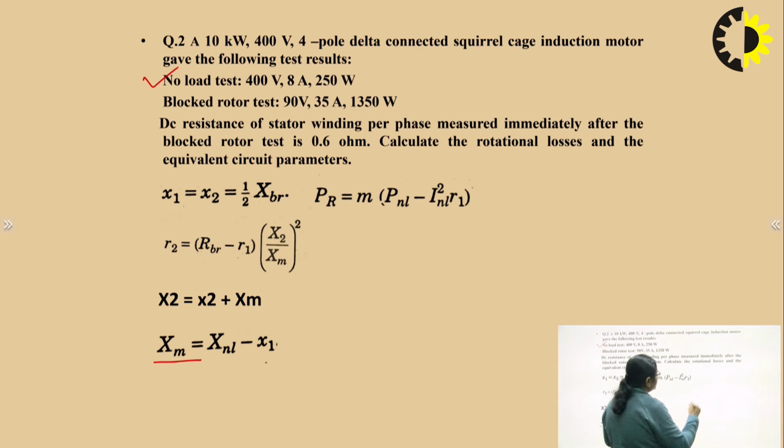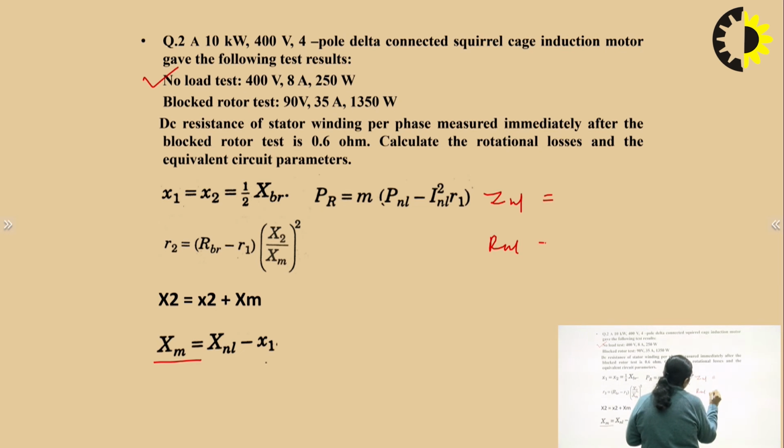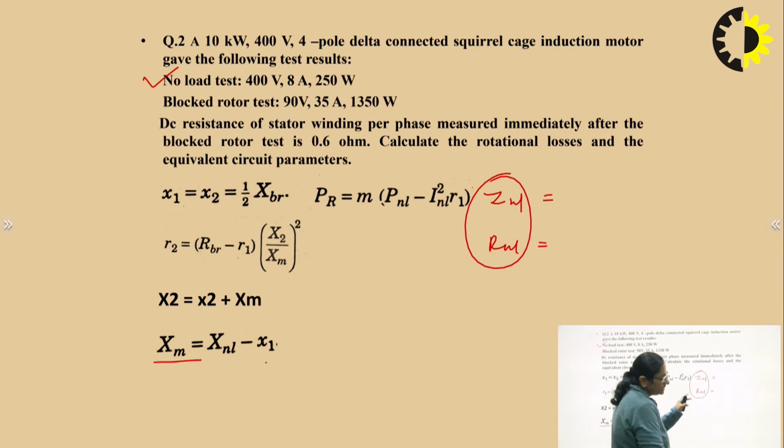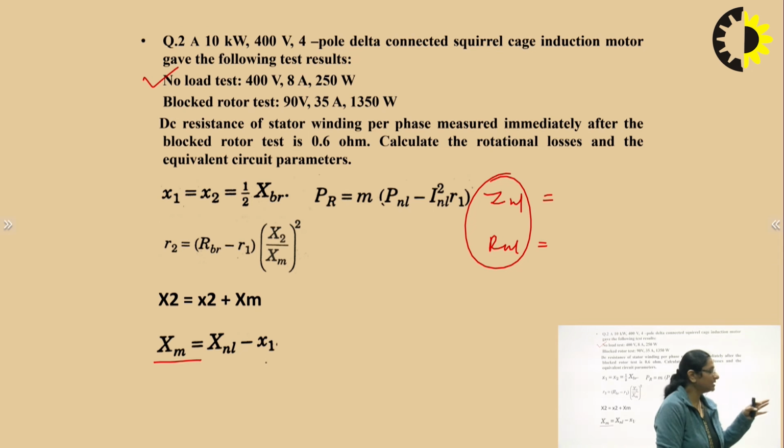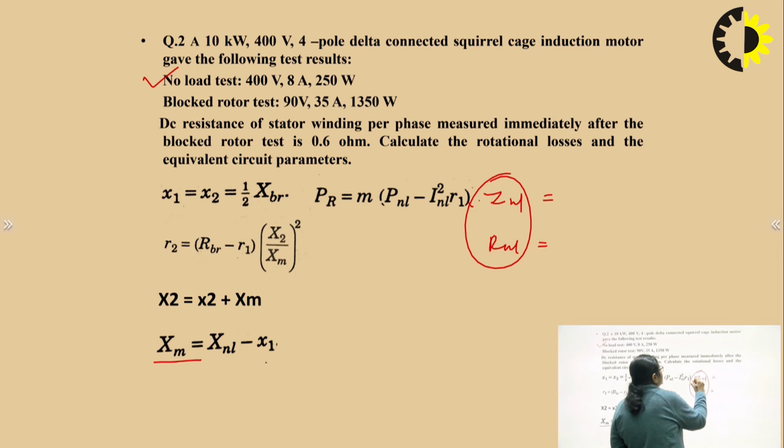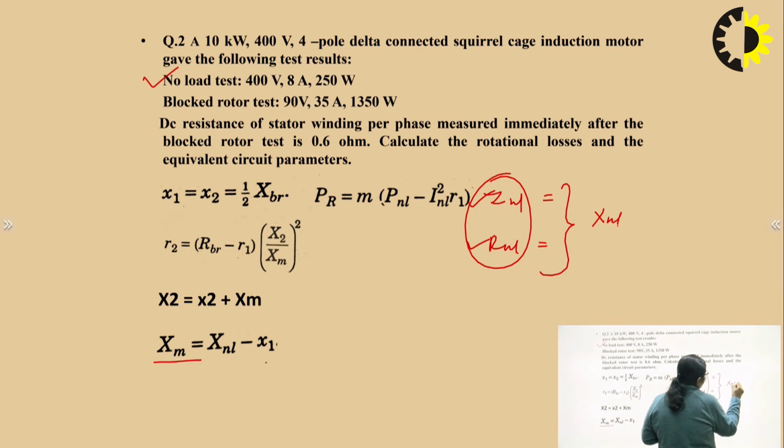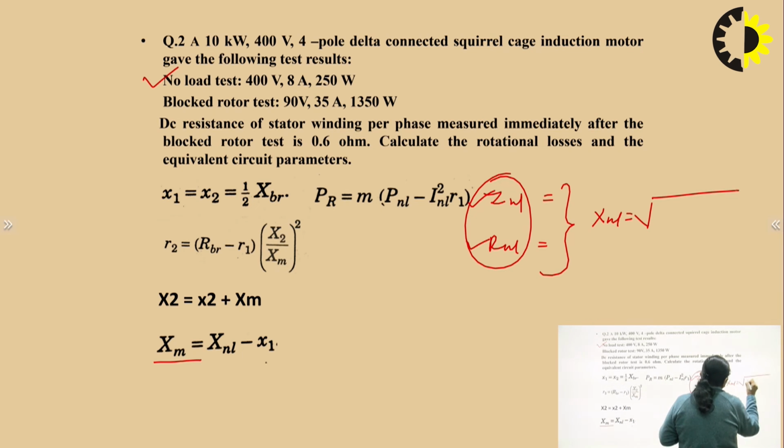Using the no load test data, I'll calculate ZNL, I'll calculate RNL, and knowing ZNL and RNL, likewise what we did for the blocked rotor, from the blocked rotor test data, we can calculate ZNL, we can calculate RNL, and knowing these two, I can calculate XNL equals to under root ZNL square minus RNL square.